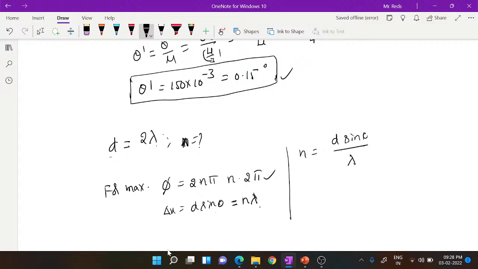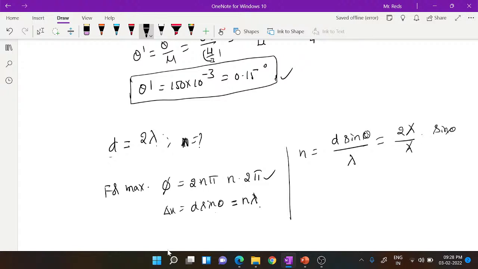If you take sin theta as nothing but y by d, you can write d as 2 lambda, so n equals 2 lambda by lambda into sin theta.